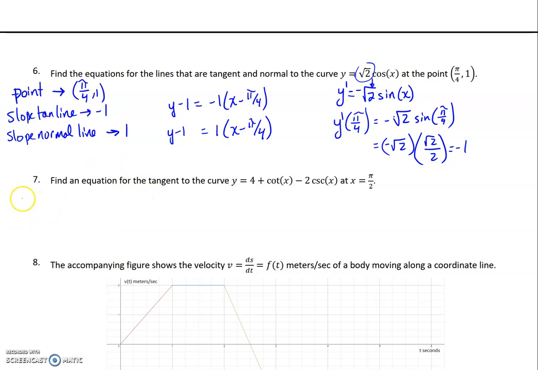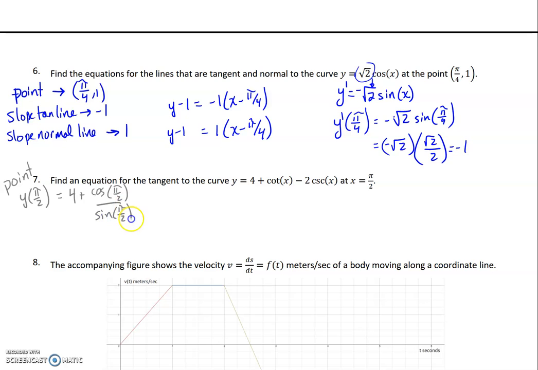So first thing, let's get the point. So let's do y of pi over 2. So this is for the point. I want the point, so I'm going to do y of pi over 2 to figure out my y coordinate when x is equal to pi over 2. So it's going to be 4 plus, I'm going to write cotan as cosine of pi over 2 divided by the sine of pi over 2.